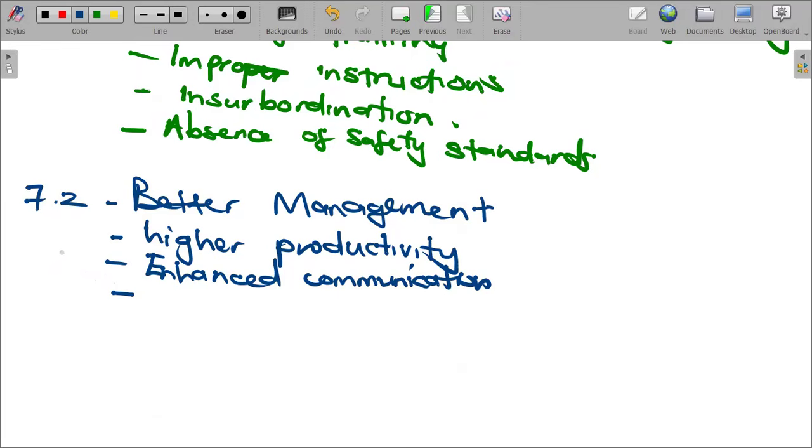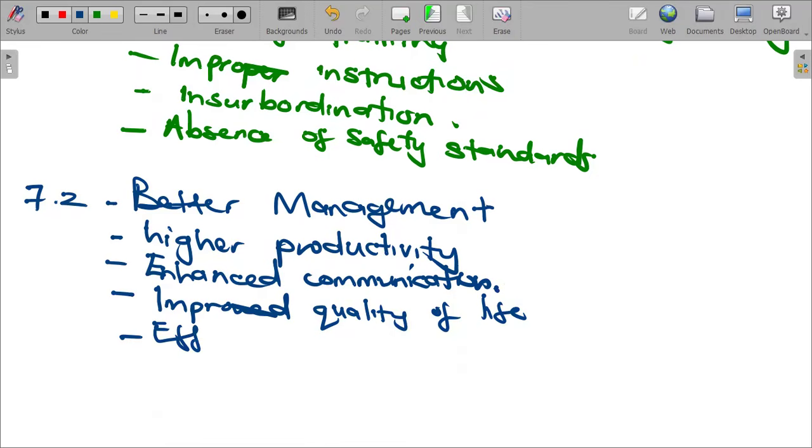And also it improves the quality of life. And also it enhances effective control.